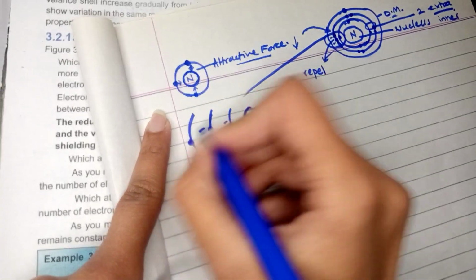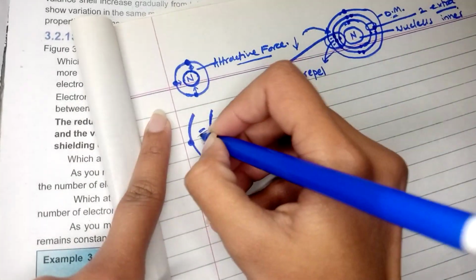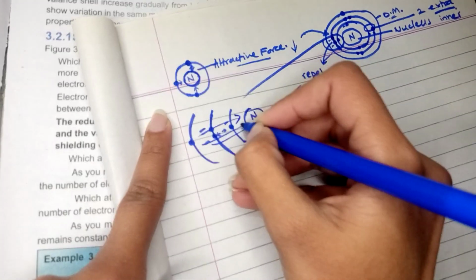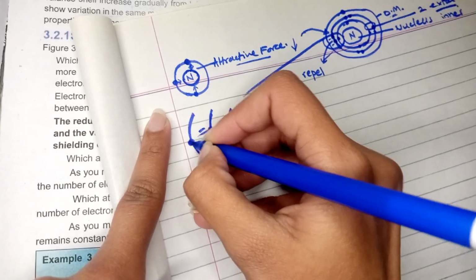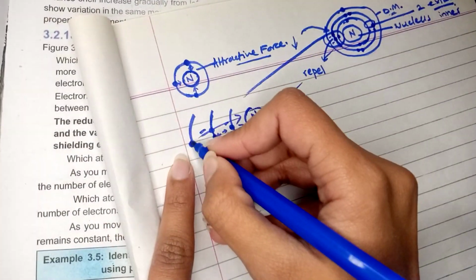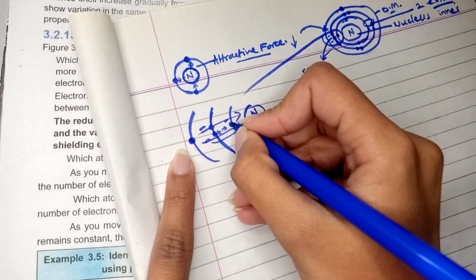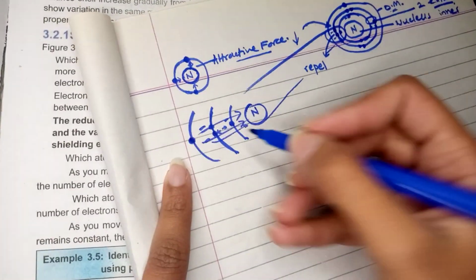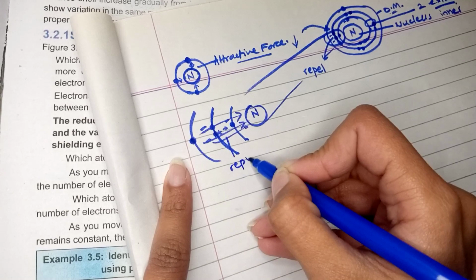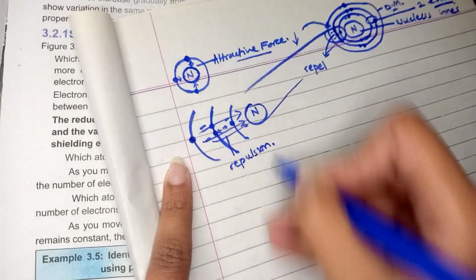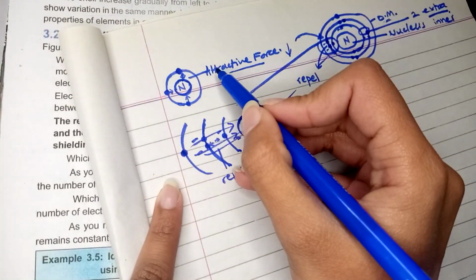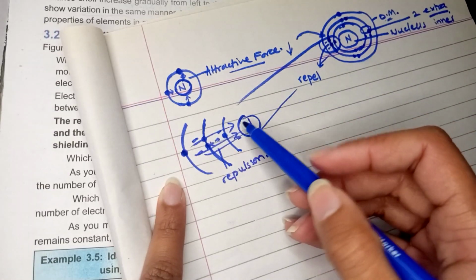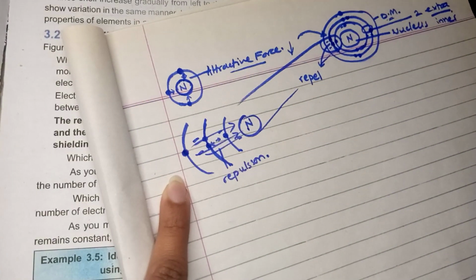The nucleus was exerting attractive forces on this outermost shell, on this outermost electron, and these inner electrons are reducing that because of the repulsion. So this is how they reduce the attractive force present between the nucleus and the outermost shell.